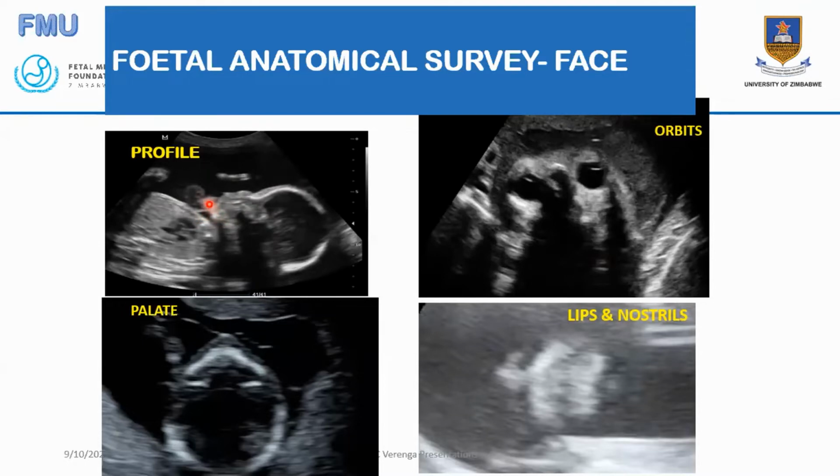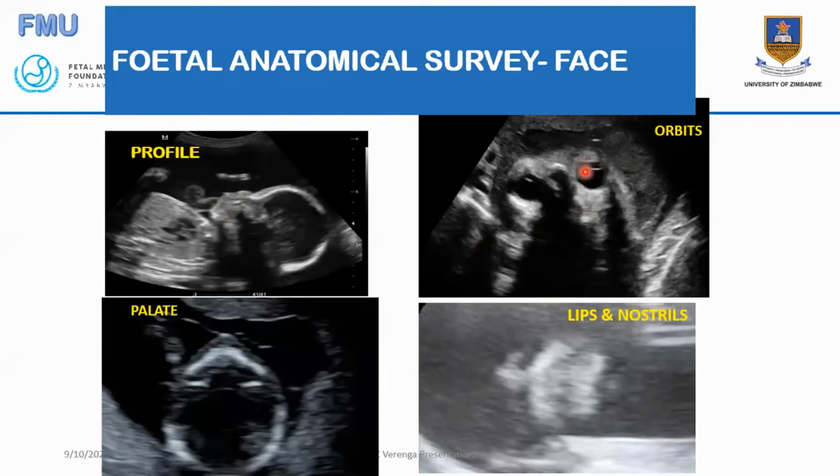The chin should not be receding backwards, because that may mean micrognathia or retrognathism. And the nose should appear to be there, the tip of the nose, and the resemblance of the lips when you look at the profile.